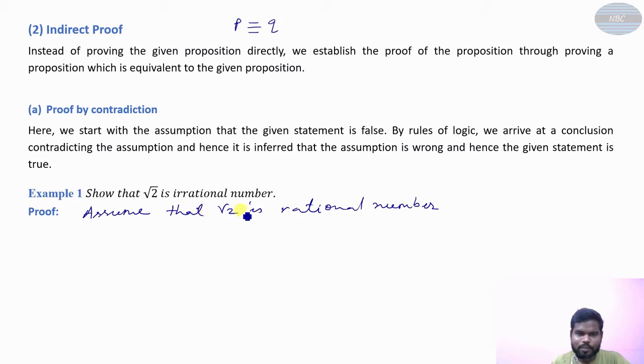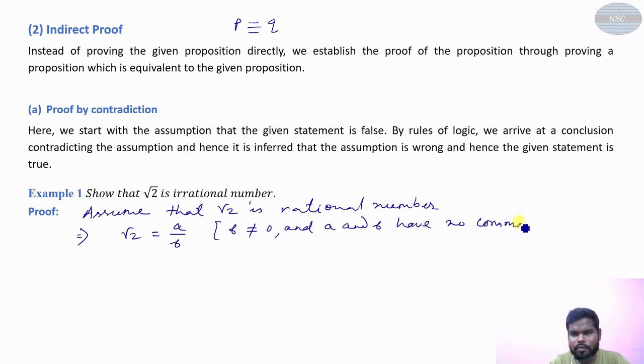So assume that root 2 is a rational number, which implies root 2 can be written as a divided by b, in the form p by q, where b is not equal to 0 and a and b have no common factor.